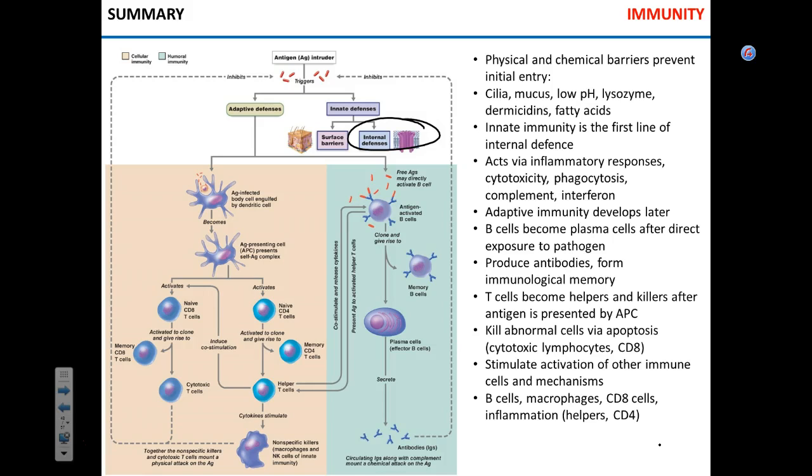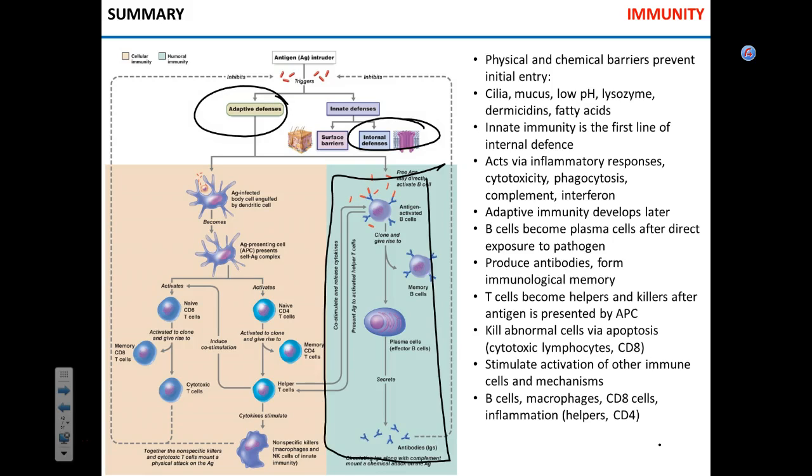And then you have adaptive defenses. The B cell response, the humoral response, does not require presentation. B cells produce memory cells, and they differentiate into plasma cells that release antibodies. Now, antibodies. Quick thought for you.